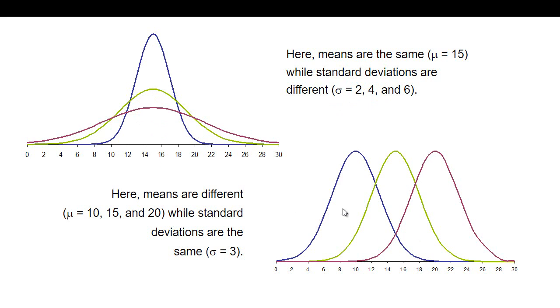On the other hand, if we fix sigma and pick different values of mu, the spread is the same in all three cases. It's just that the green and the red one are horizontal shifts of the blue one.